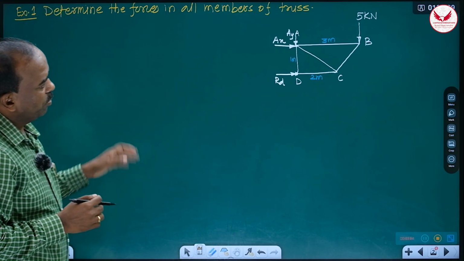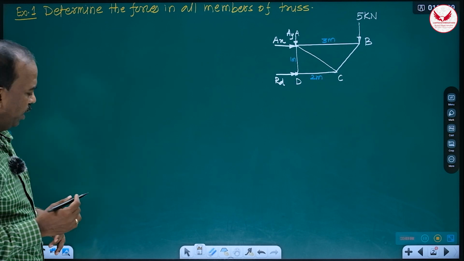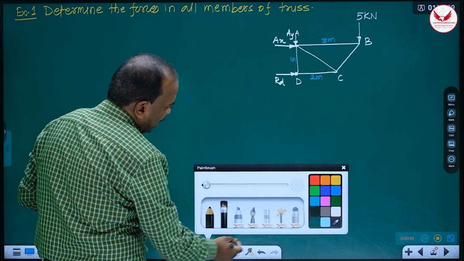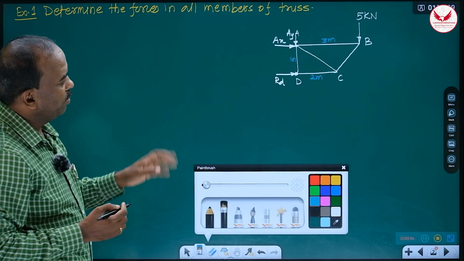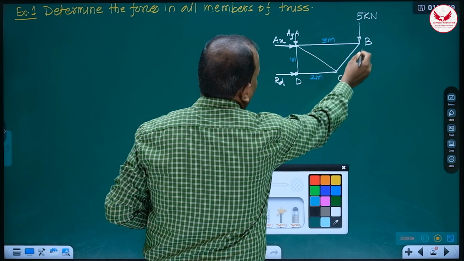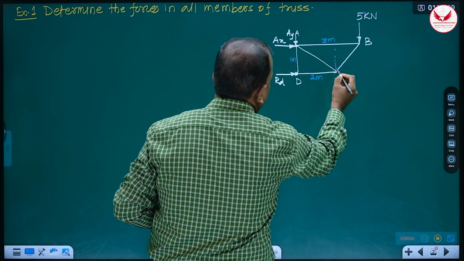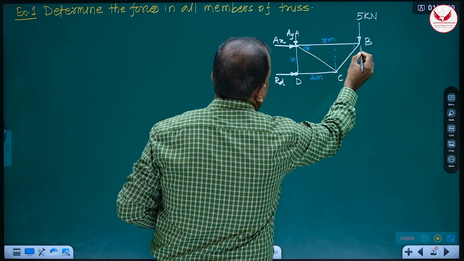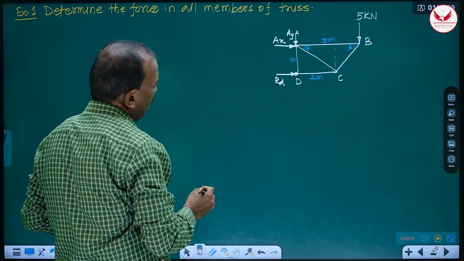So the first step is the free body diagram, and one more additional thing we have to do. Whenever any inclined force is there, it is always better to get the angle of that inclined member. Here AC is an inclined member and BC is an inclined member. How can we get this inclination? Suppose this is theta and this is beta.